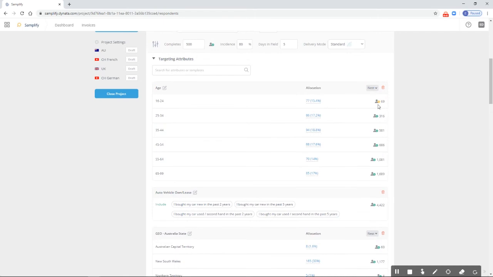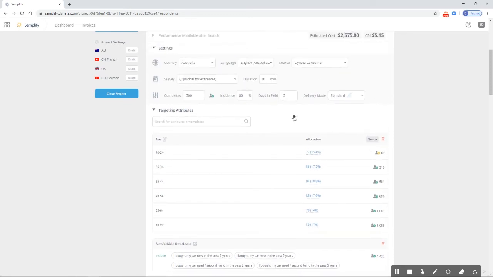If we scroll up here, we can see we have a yellow one. Having a low feasibility still potentially makes your project feasible, but there is a risk that we might not be feasible. And the reason to solve issues like that is we need to keep in mind, once we launch this target group, that we had something in our targeting attributes which potentially limited the amount of total completes which we were able to achieve.